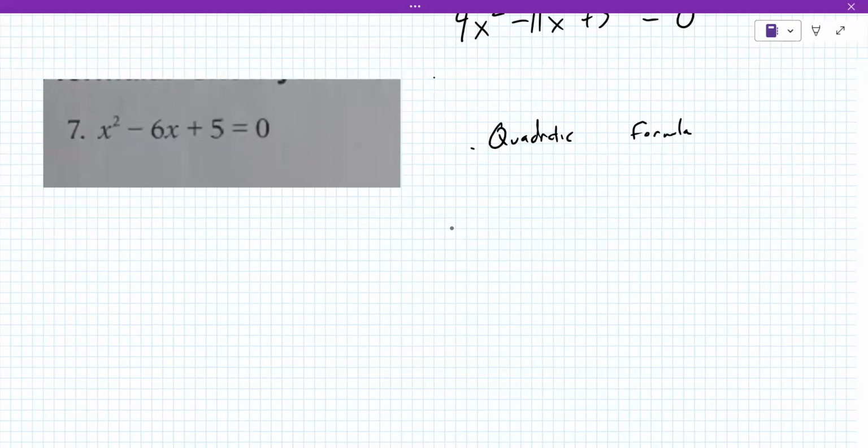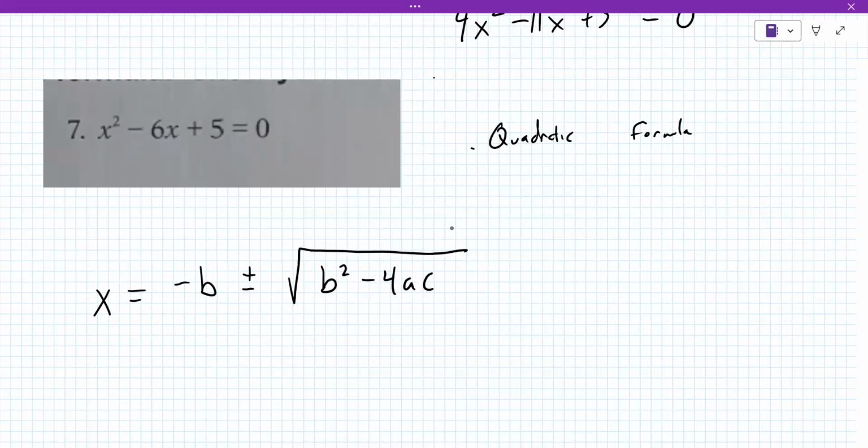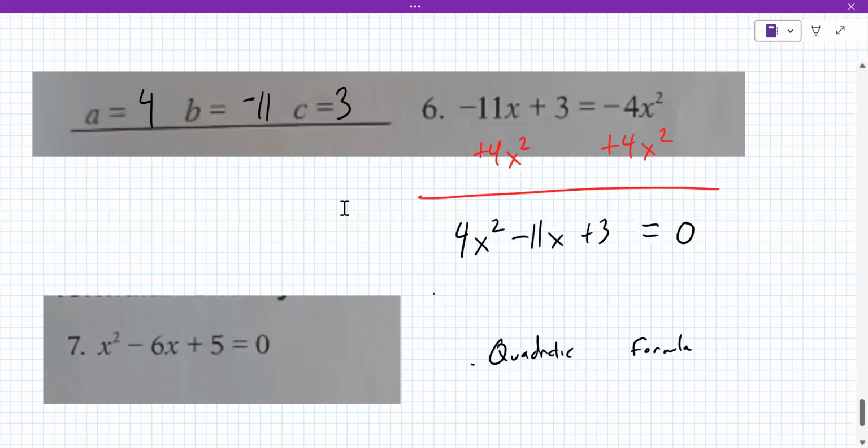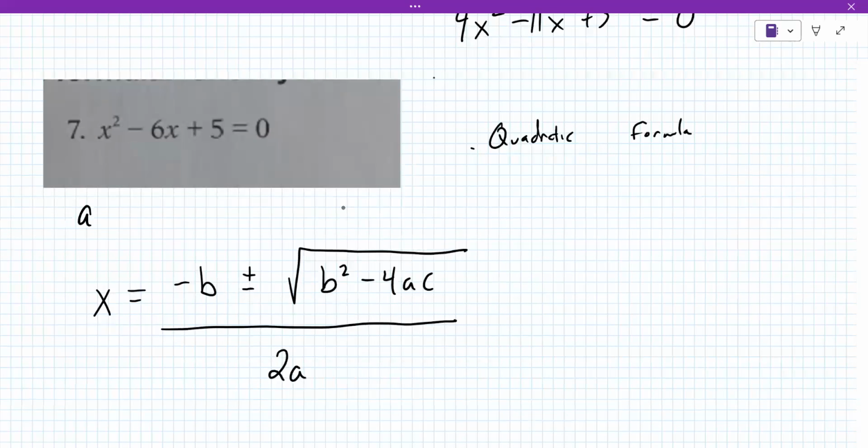Okay, so here is the quadratic formula. It's minus b plus or minus the square root of b squared minus 4ac, all over 2a. What do you think a, b, and c refer to? I think A would refer to the first number, and B the second, and C the last.